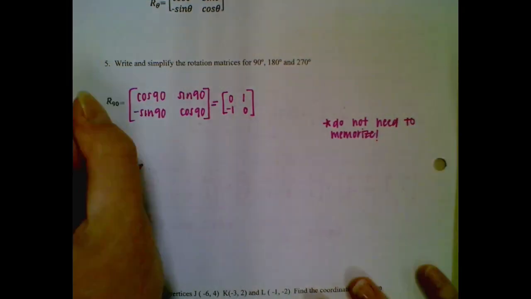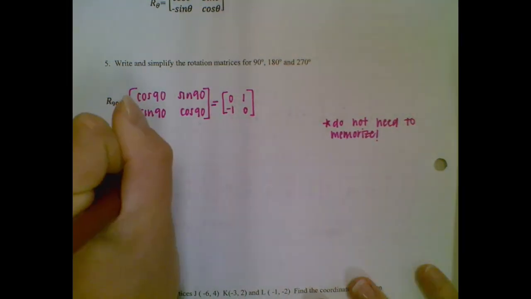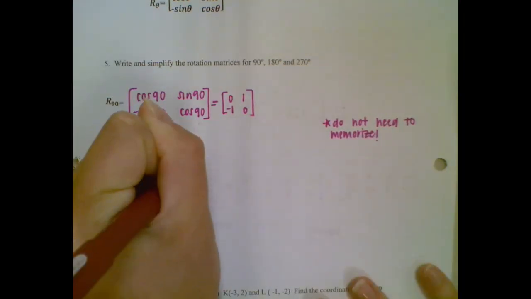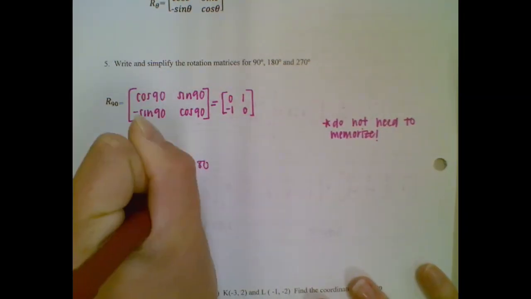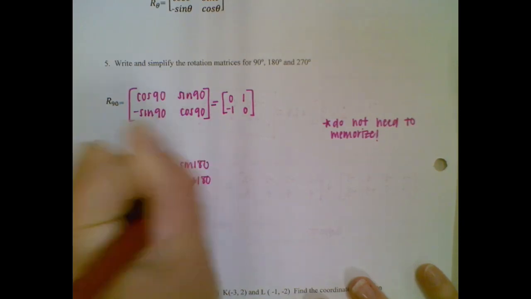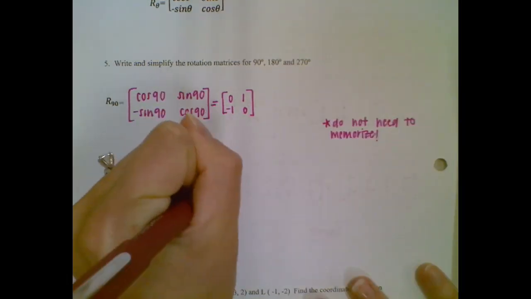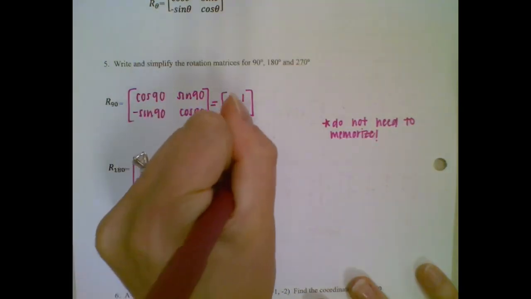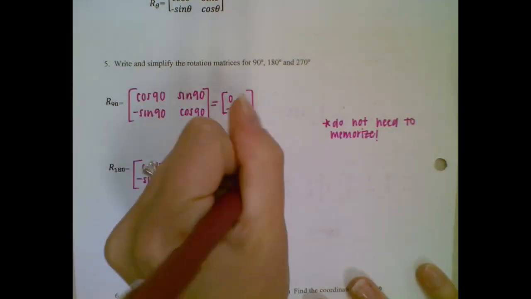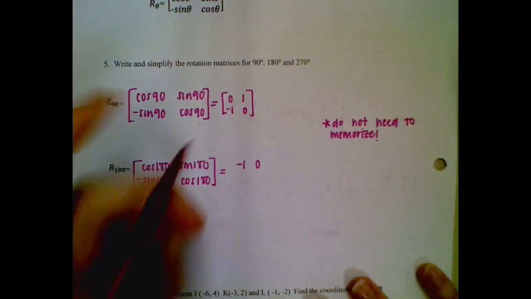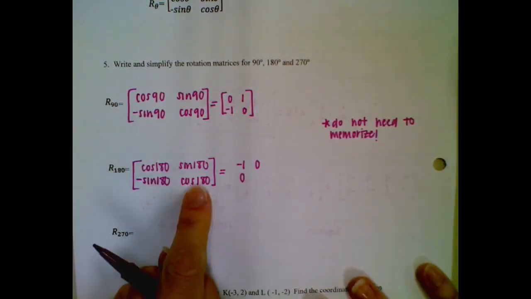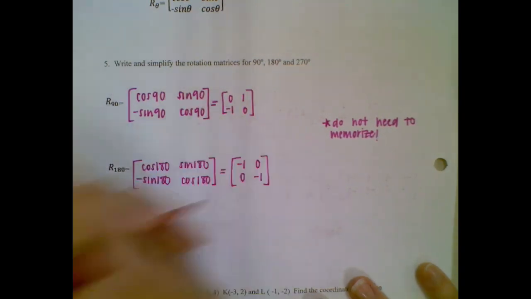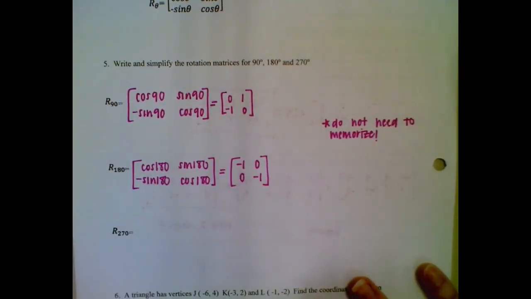All right, 180, so cosine of 180, negative sine of 180, sine of 180, cosine of 180. All right, let's think here. So that would be negative 1, that's 0, 0 times negative is 0, and that's negative 1 again. So this would be the rotation matrix if you're rotating 180 degrees.